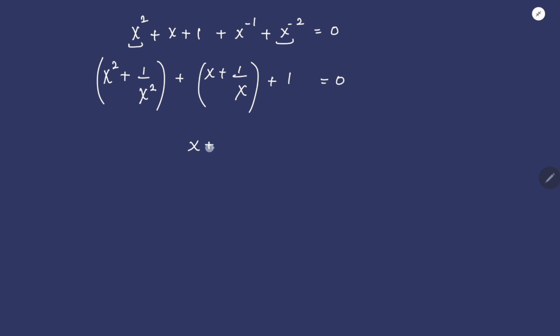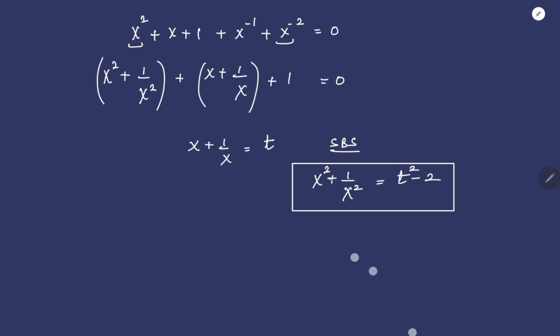If I say that x plus 1 by x is t, you square both sides of this equation, you will get x square plus 1 by x square is equal to t square minus 2. Do you know this formula? This is a very important formula for solving these types of questions, because when you square both sides you get x square plus 1 by x square plus 2 times x times 1 by x is equal to t square.